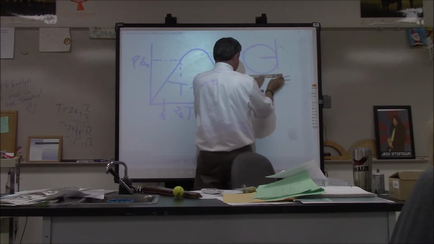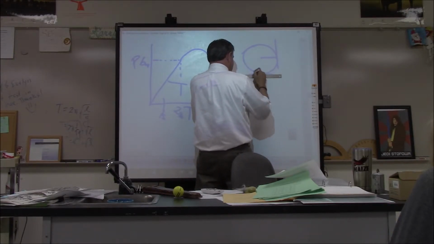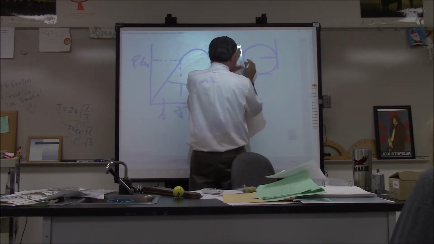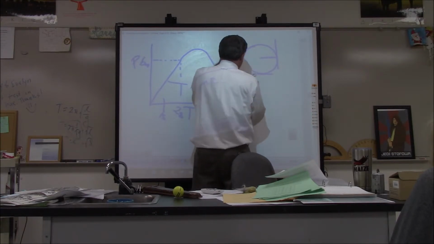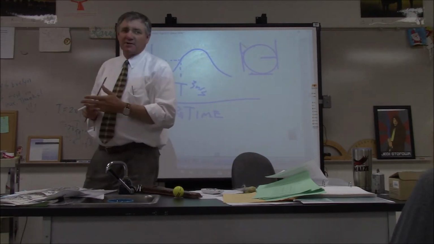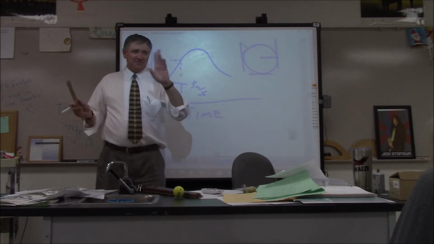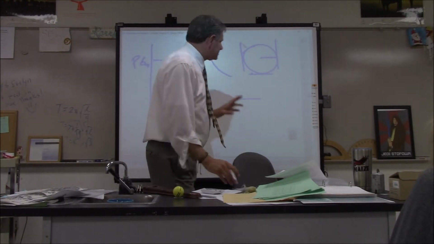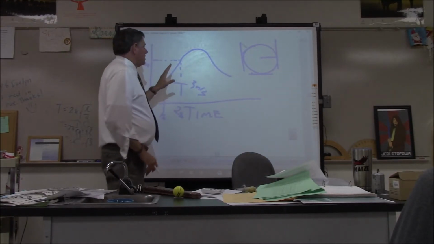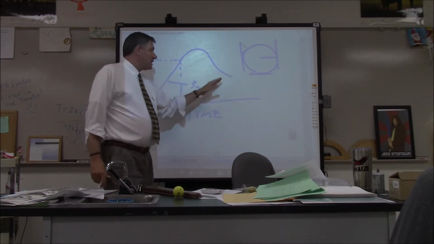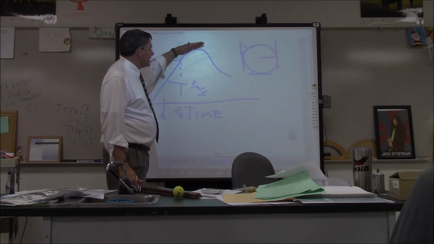I'll draw a tangent line here and here. How many different tangent lines could I draw? Infinitely many, right? I'm not going to make you draw infinite numbers of tangent lines, but here's the concept. I can come in here and I can draw tangent lines.